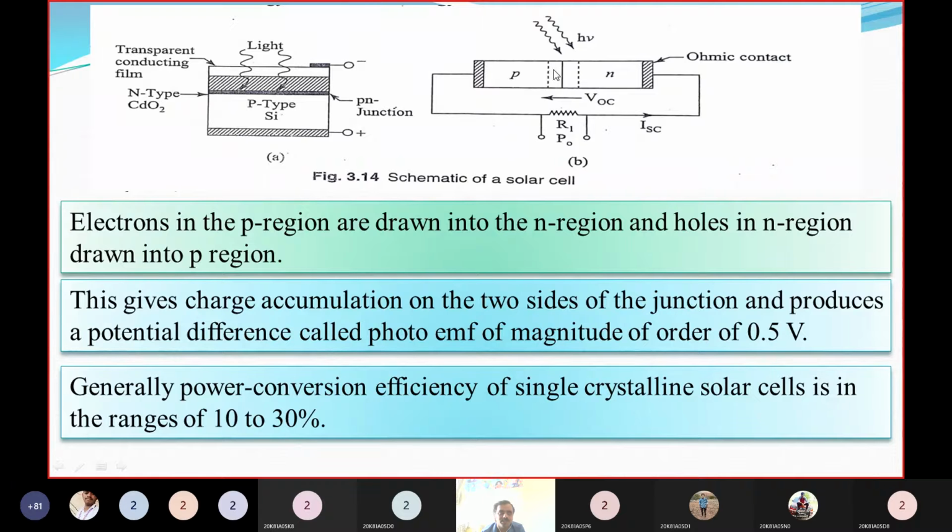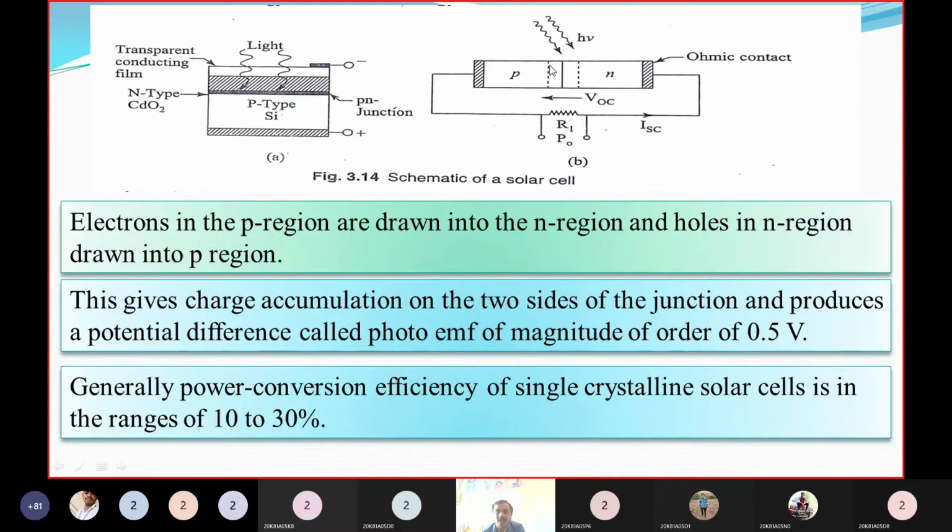That space charge polarization does not move from one place to another. So where the hole is removed, a negative space charge will occur. So positive charge is accumulated here and negative charge is accumulated here.